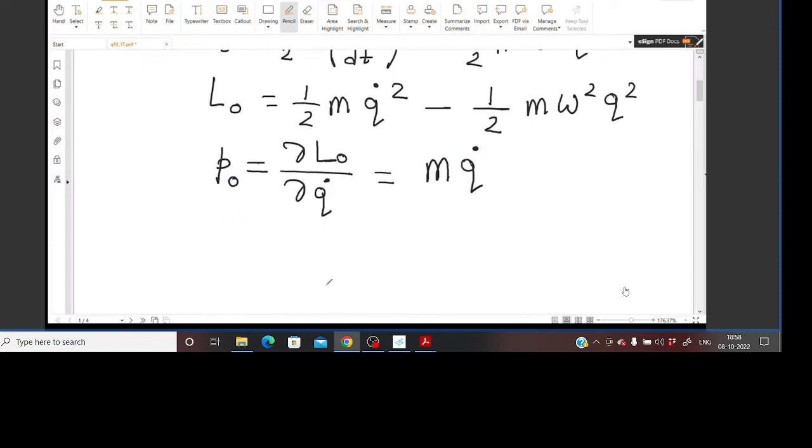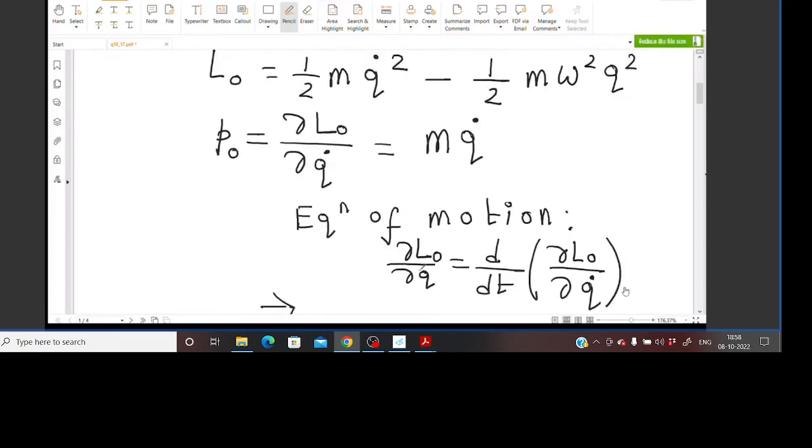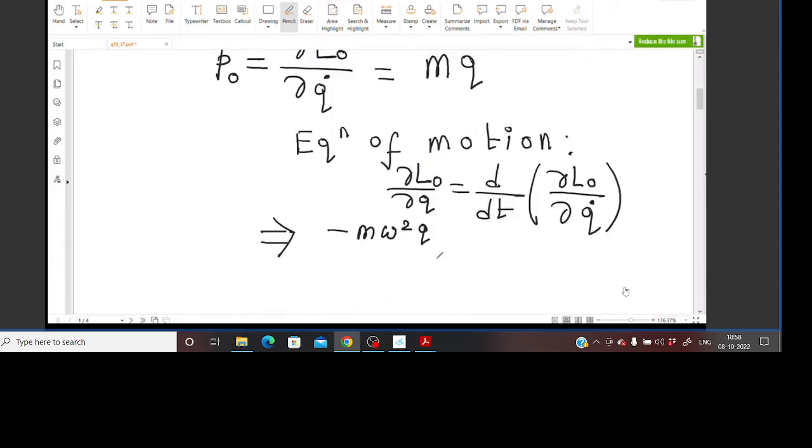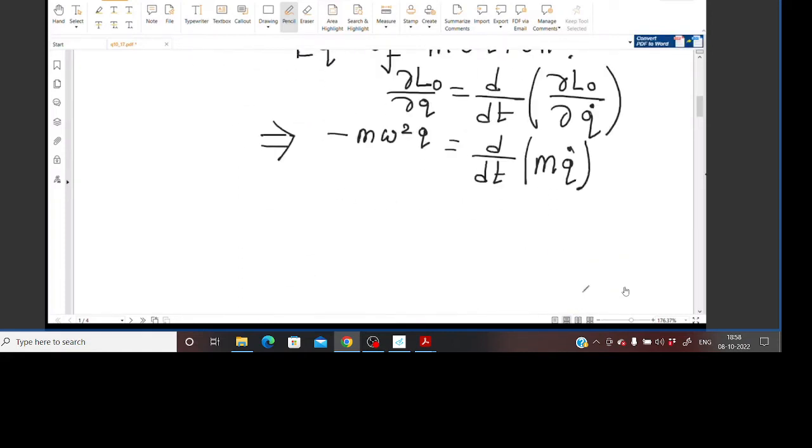Now let's also find out the Euler-Lagrange equation, or the equation of motion. This is given by del L0 by del q equal to d/dt of del L0 by del q dot. Now del L0 by del q is equal to minus m omega square q. On the other hand, del L0 by del q dot is equal to m q dot.